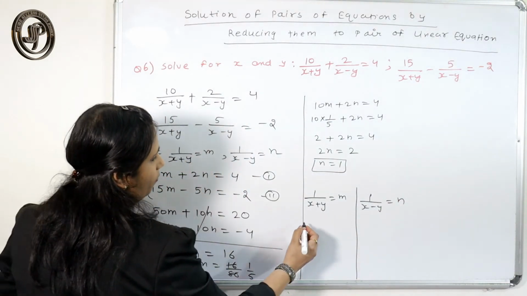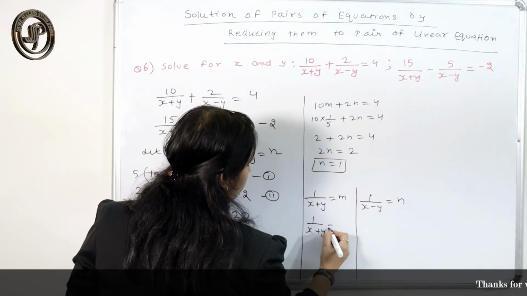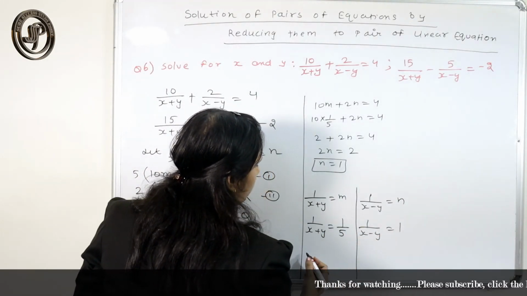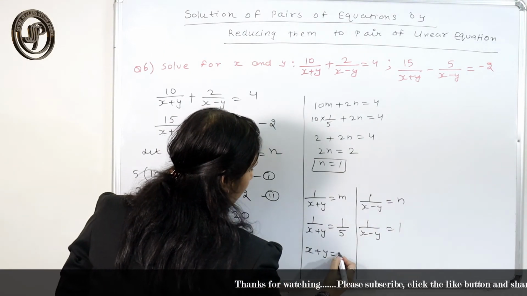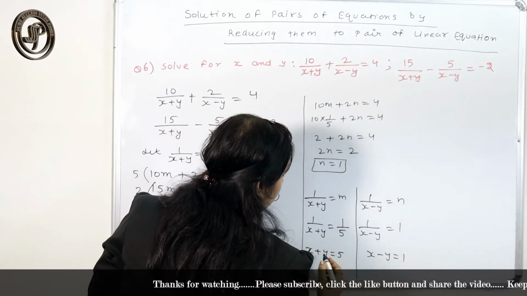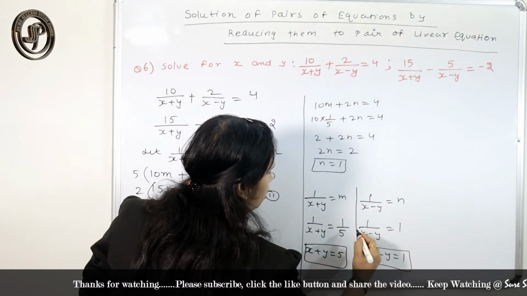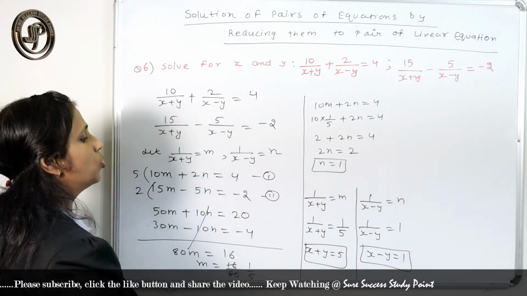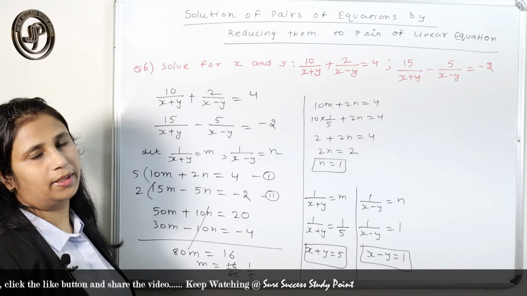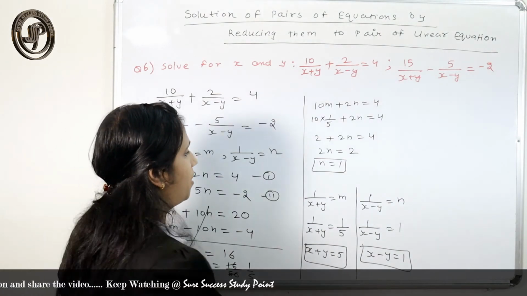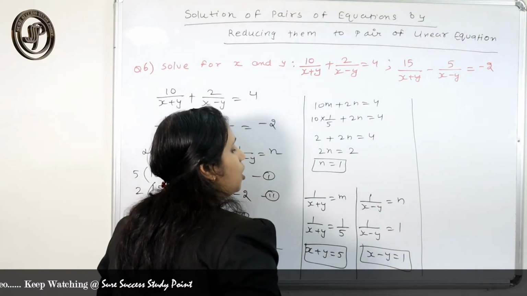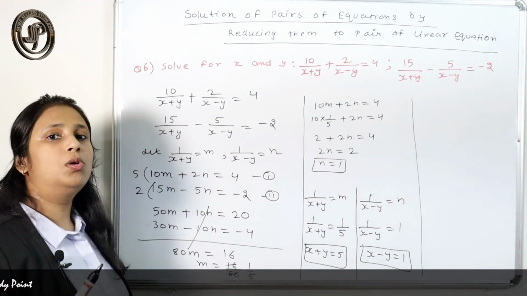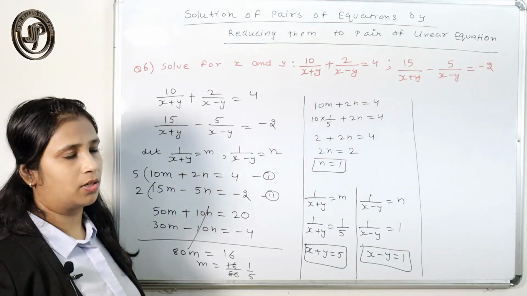Your m is 1 by 5, so in this step you can put m as 1 by 5 and n as 1. Now, cross multiply. You will get 2 more equations in this step. Again you have to solve these 2 equations by either the elimination or substitution method, because here in this step you got another pair of linear equations.